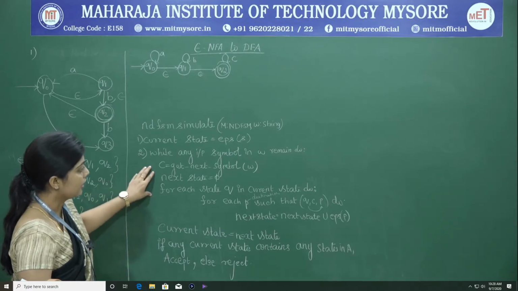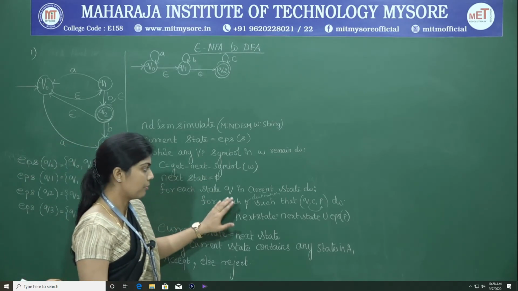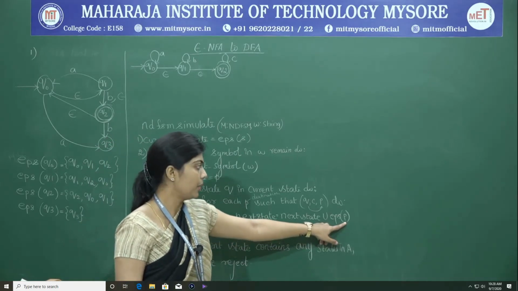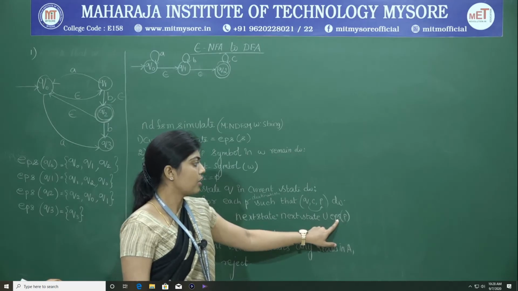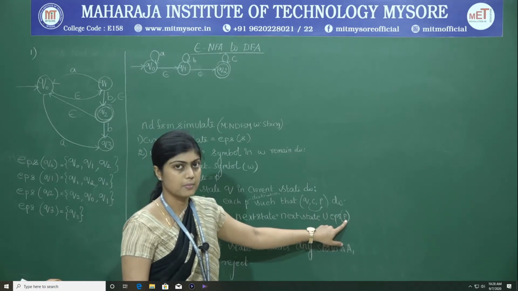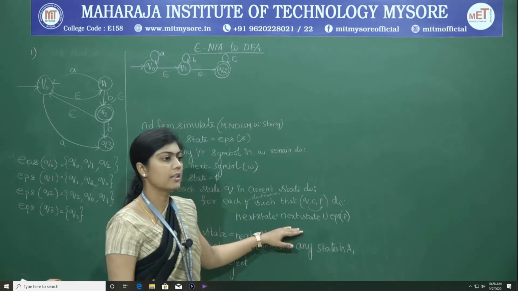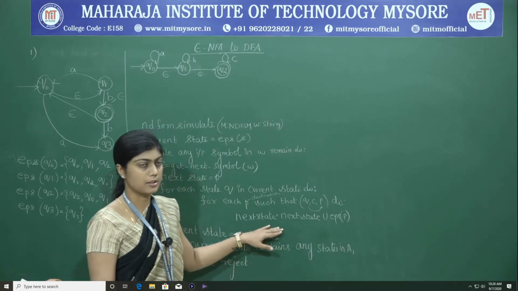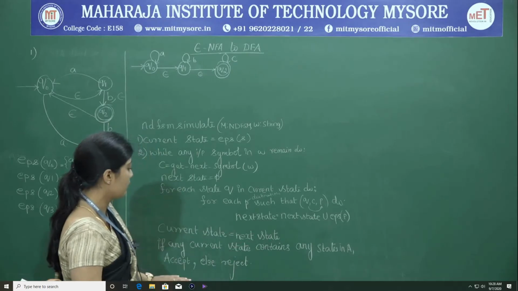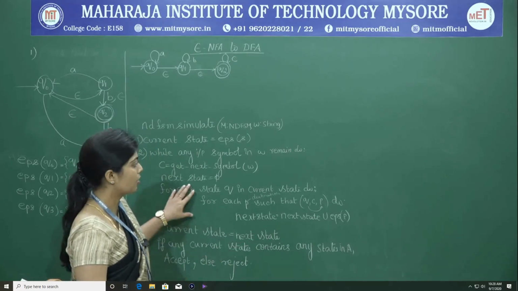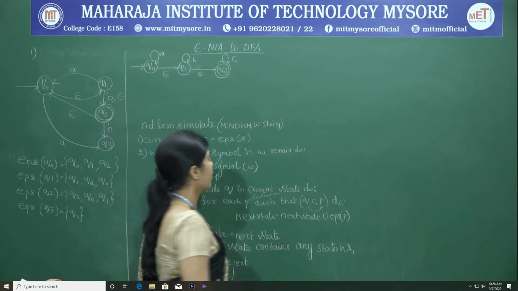The result is not kept as it is, but if the destination state is P, we take the epsilon closure of P, and that is the final result. We repeat this until we have no new states. So the entire algorithm states this, and we will see how to translate this into the problem now.